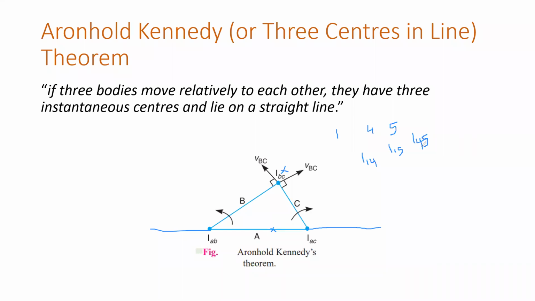Okay, I45. So this is the combination. Three ICRs are possible, and you will find that all these three ICRs will lie along a straight line. Okay, this is a proven rule. There is some proof of it. Let us not go for the proof. So you have to remember this.